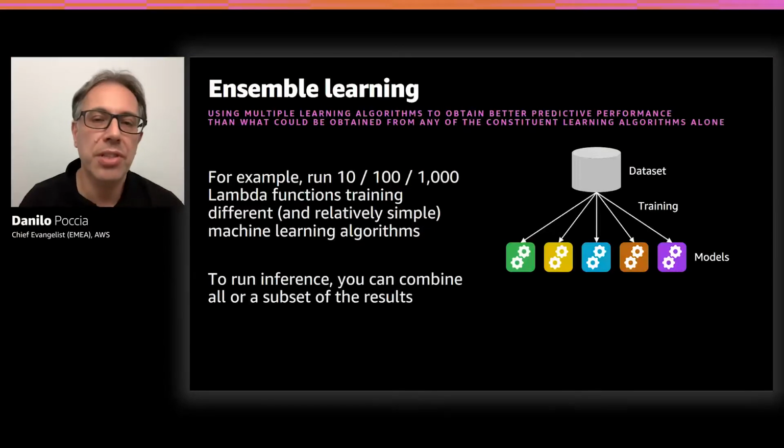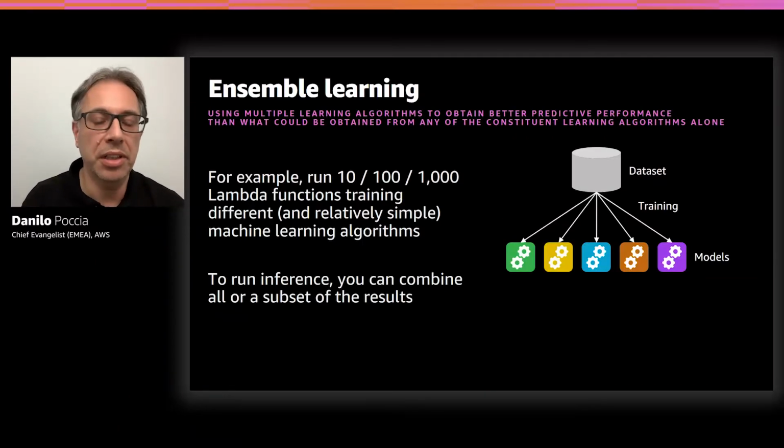Another technique that works very well with Lambda function is ensemble learning. And the idea here is that instead of using a single machine learning algorithm to build your prediction, you can get better performance if you use multiple algorithms in parallel, and then you find a way to get an ensemble result.